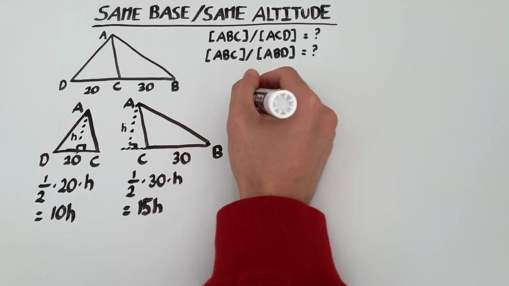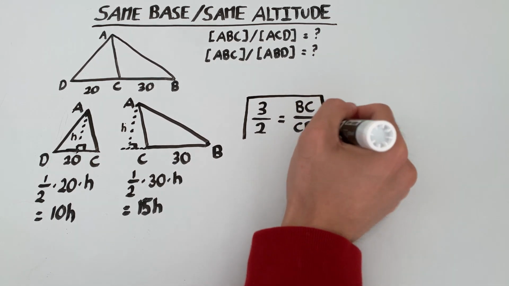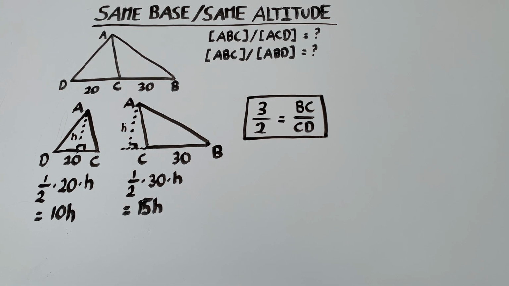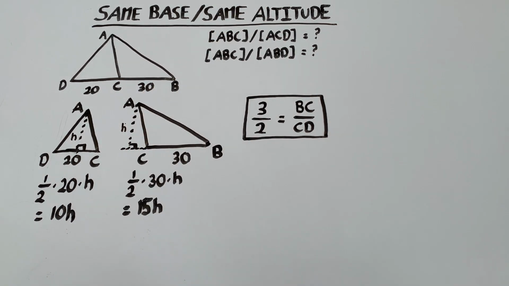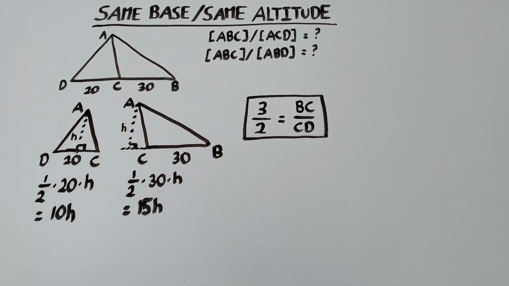So is this relationship just a coincidence? The ratio of the area of ABC to the area of ACD is just the same as BC over CD.